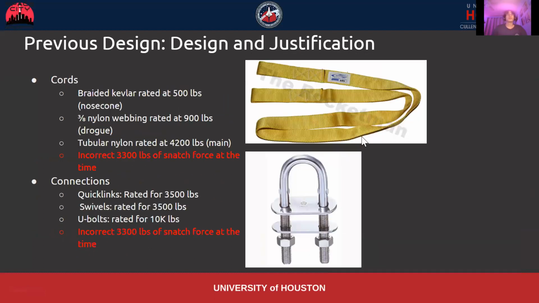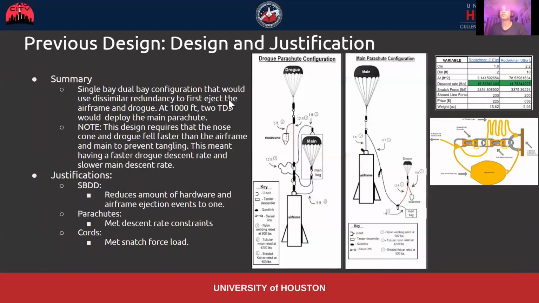Moving on here for the cords, we had 3 different types of cords. We had Kevlar rated for 500 pounds, and that one was just to have this connection here to the nose cone, to the rest of the configuration, I guess, and that would experience no load. It would just hold the nose cone.